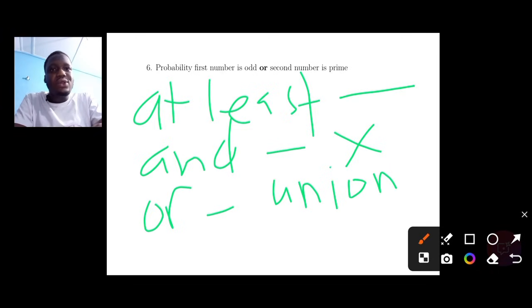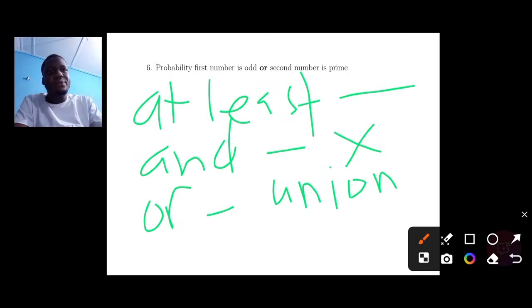But when summing, you should also be mindful that there could be situations where they will intersect. When they intersect, you have to deduct that. So keep this important language, at least, and or.